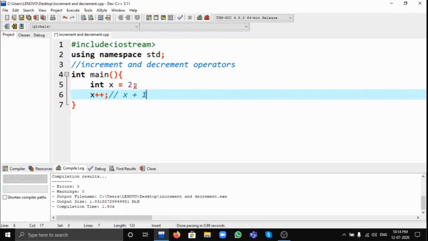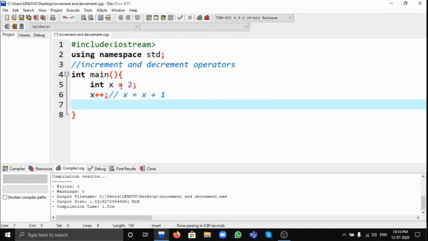So if the value of x is 2, then the resultant value of x will be 2 plus 1, which is 3. So we can also say that the value 3 will be stored inside the same variable, x. So the value of x will be altered. It will not be 2, but it will be 2 plus 1, which is 3.